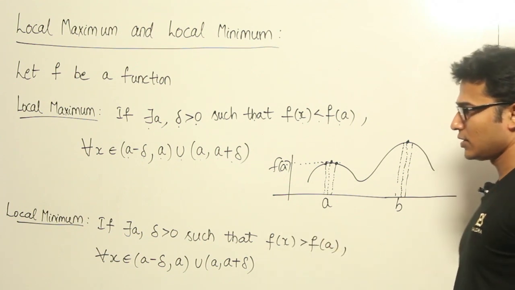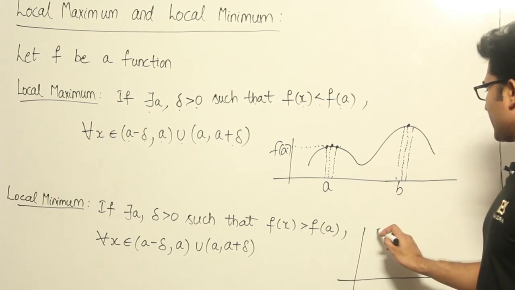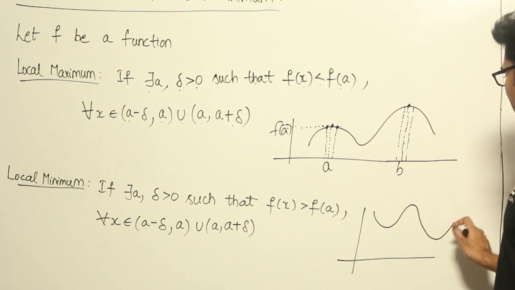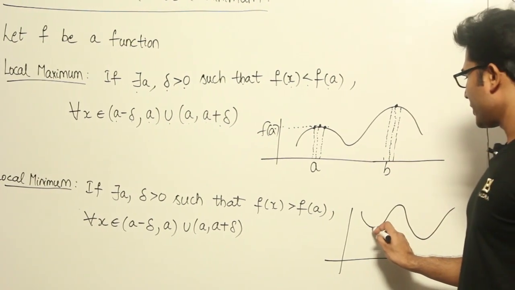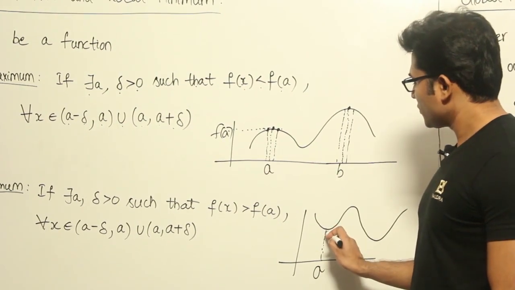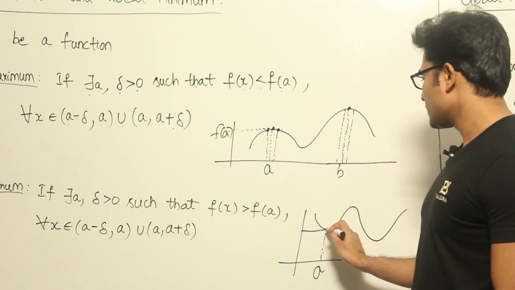Similarly, you can do the same for the local minimum also, right? Now if you have something like this, let us say a function is defined like this, right? Now if you look at a point a, let us assume that is the point a. Let us say the value at this point is f of a.